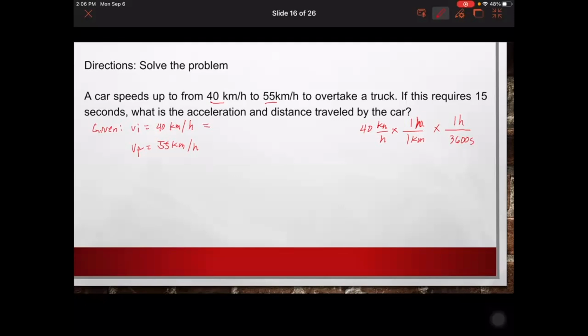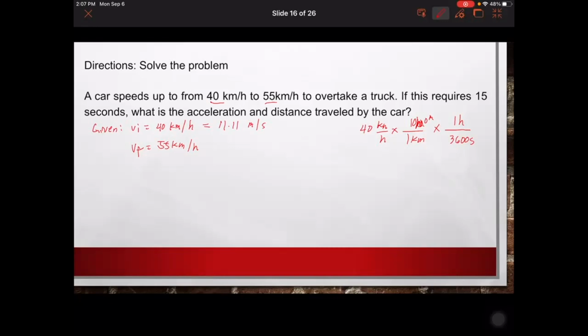So what's the answer? 1,000 pala to. 11.11, 11.1111. Okay, 11.11. So you can have 11.11 meter per second.